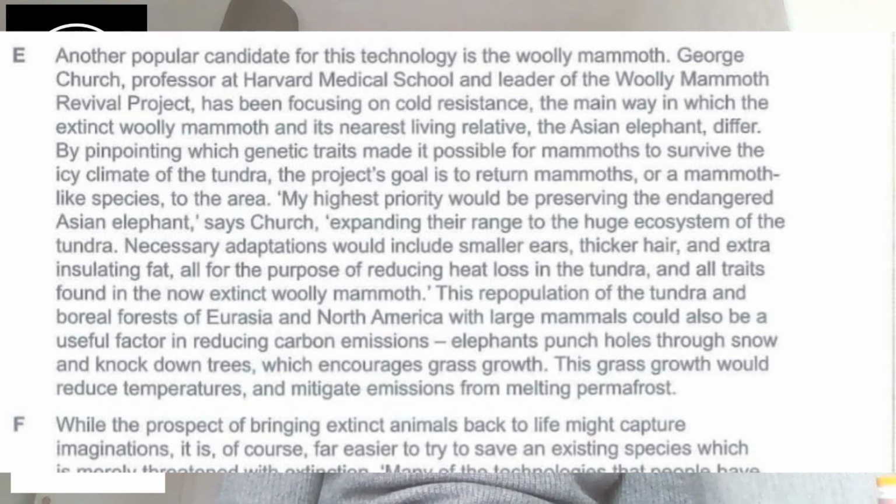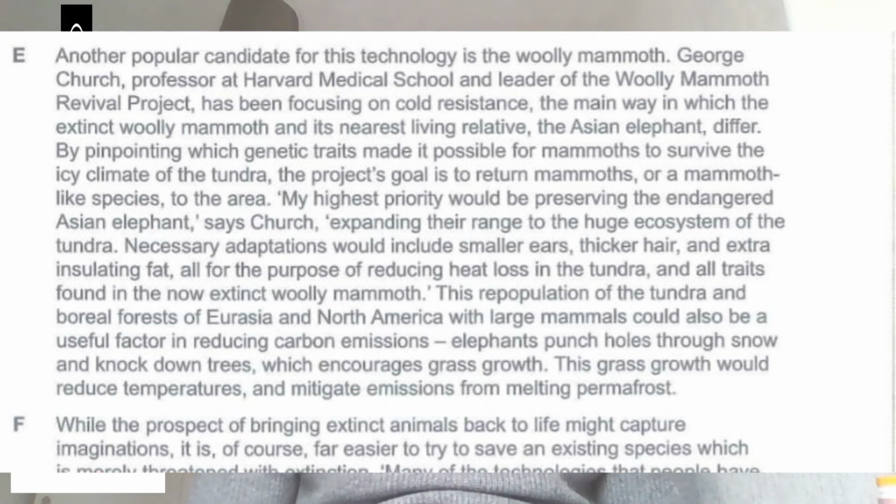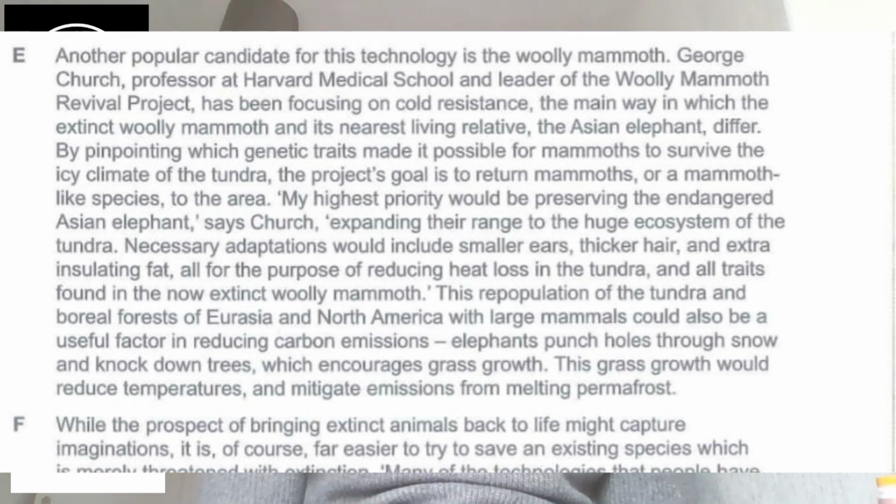Elephants punch holes through snow and knock down trees, which encourages grass growth. This grass growth will reduce temperature and climate. They are talking about how temperature can be reduced and mitigate emission from the melting.